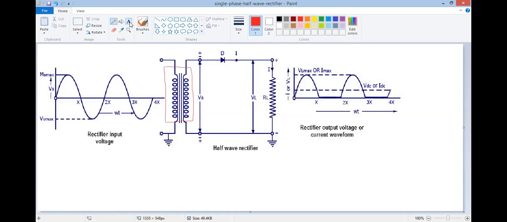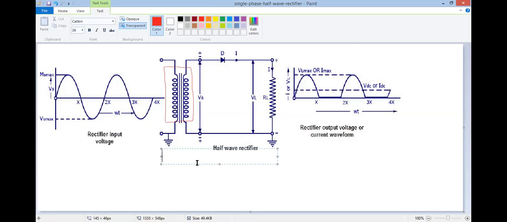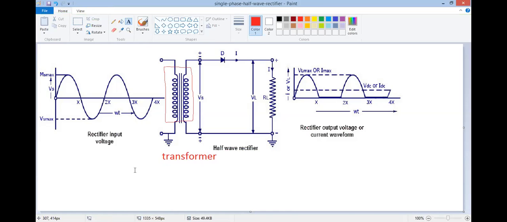What this transformer does is convert the higher AC into lower AC, meaning it steps down the voltage. The main function of a transformer is to step down the AC voltage into a lower AC voltage.